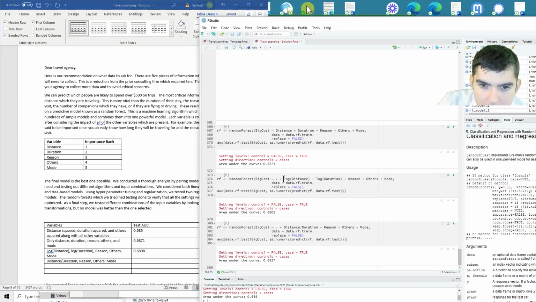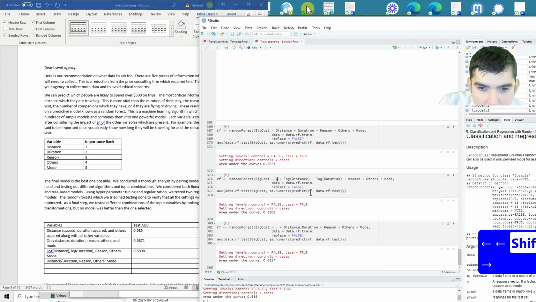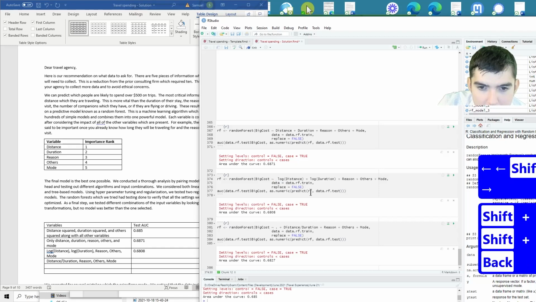And actually, there's some other typos here. This one is using the little dot here, which means that it uses all variables. So I want to get rid of that little dot.